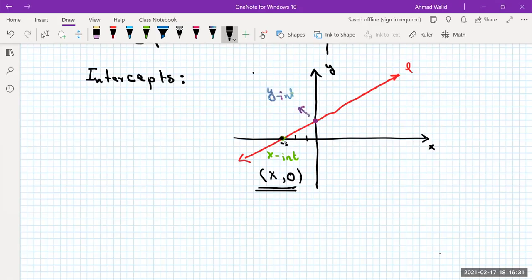Same thing, when you are looking for the y-intercept of a graph, the value of the x coordinate will always be 0, but y has a value. This is the last time in this class we explain this to you.